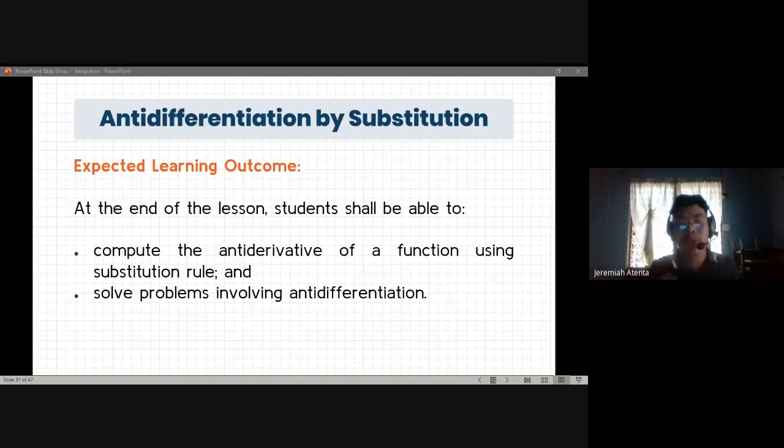So this is the basic anti-differentiation technique, and that is anti-differentiation by substitution or integration by substitution, which is the inverse of the chain rule in differentiation. Okay? So dito, ito yung inverse ng chain rule or magagamit rin natin dito yung concept sa implicit differentiation.